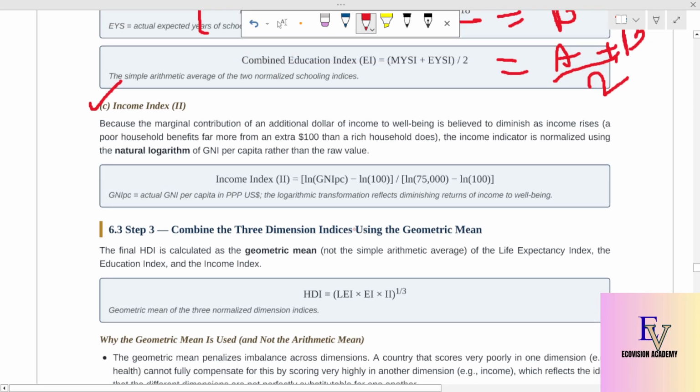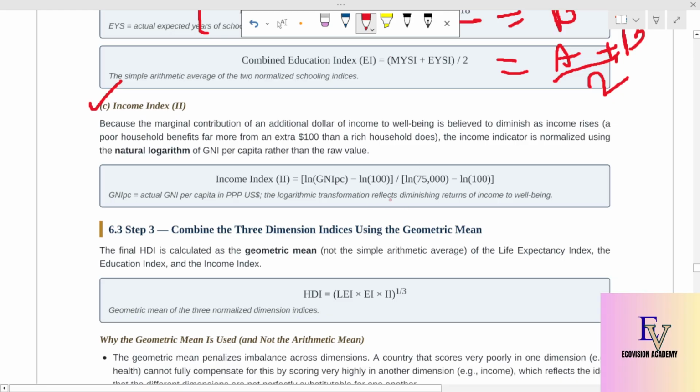Because GNI per capita may be very large. Suppose the GNI per capita is 10,000. If it is very large, what we do is take a log. Whenever we take a log, it basically becomes very small. So it becomes easy to calculate. Nothing else, it becomes easy to calculate.